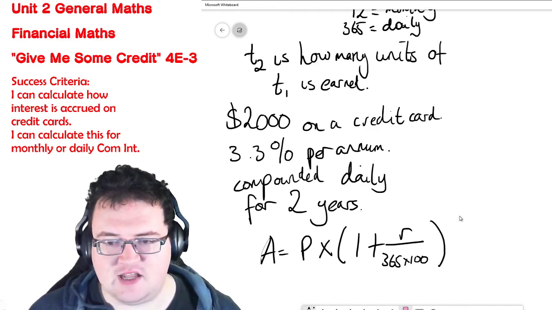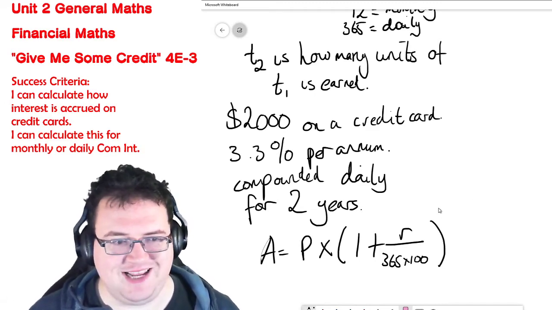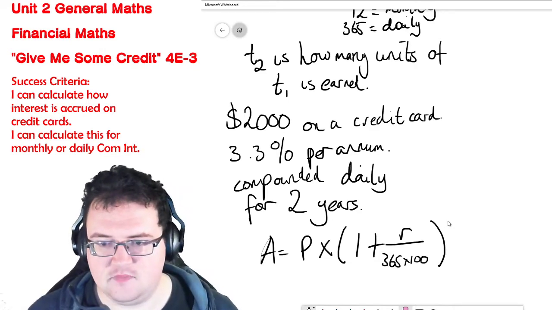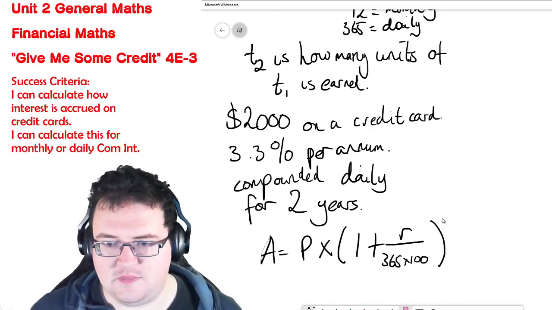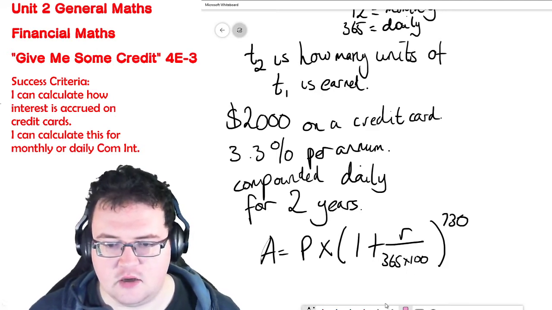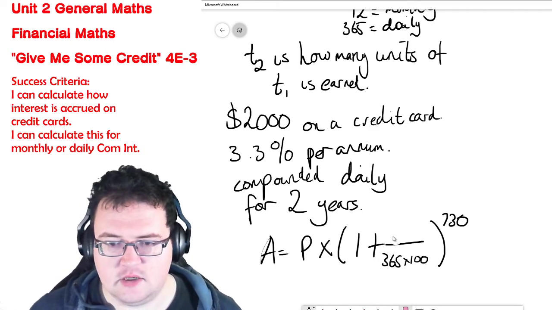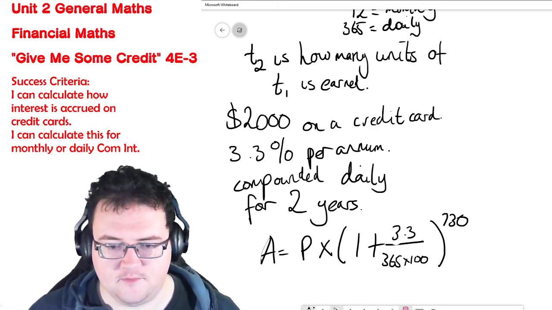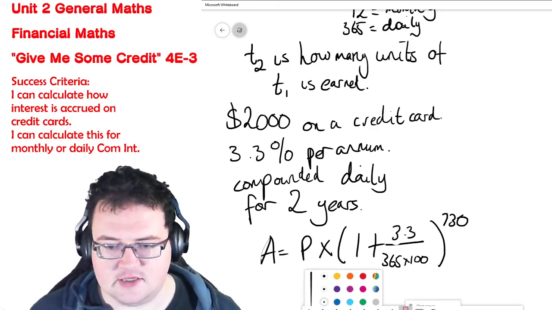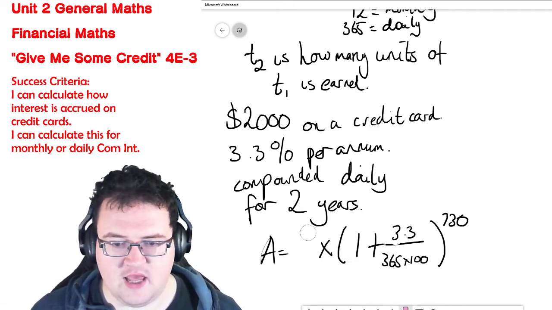And that means that our number up here is going to need to be in the number of days. So that's going to be 2 times 365, which is 730. The yearly interest rate is replaced with 3.3. And P is 2,000.